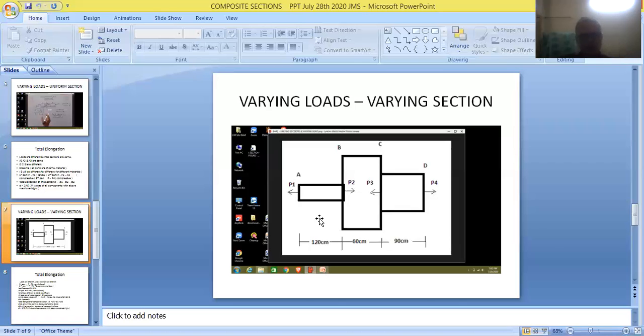So for the first component, P is equivalent to P1. For the last component, P is equivalent to P4. And for the second component, P has to be taken as the difference of P2 and P3.